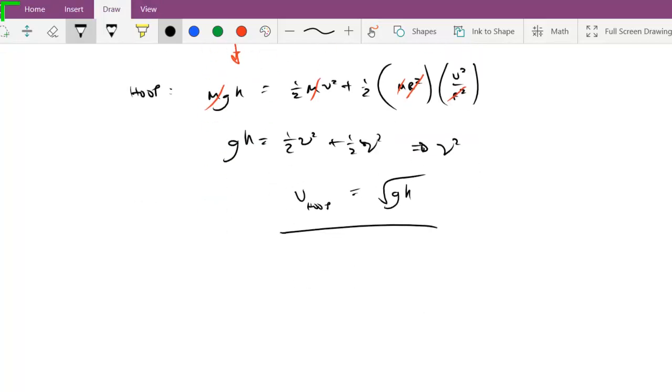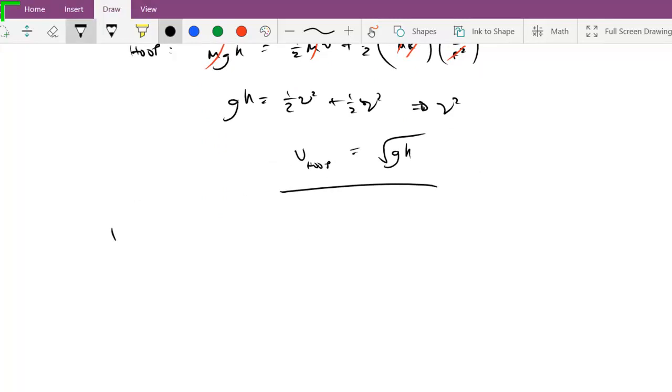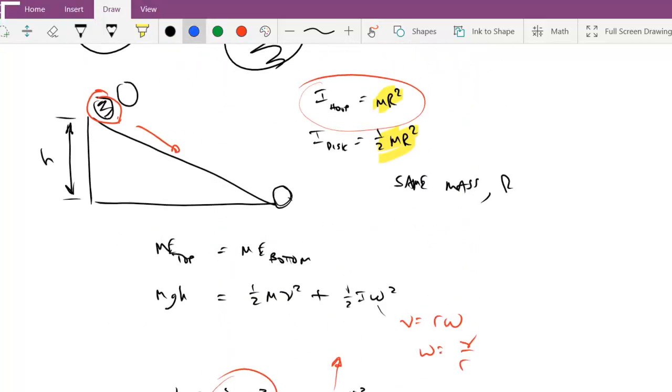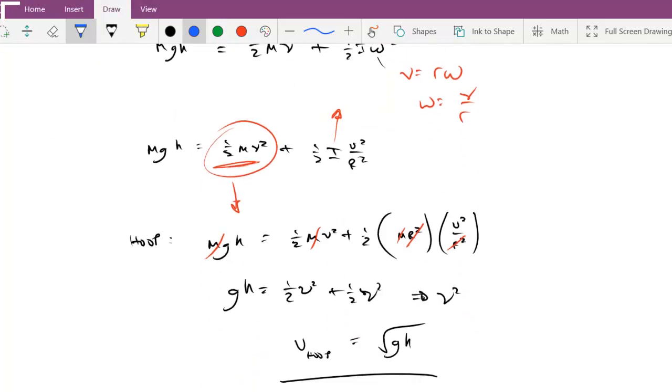If we look at the disk now, then we have mgh is equal to 1/2 mv squared plus 1/2, I in this case was 1/2 mr squared. This is the rotational inertia for a disk, and this is just from that table. Rotational inertia for a disk is 1/2 mr squared.